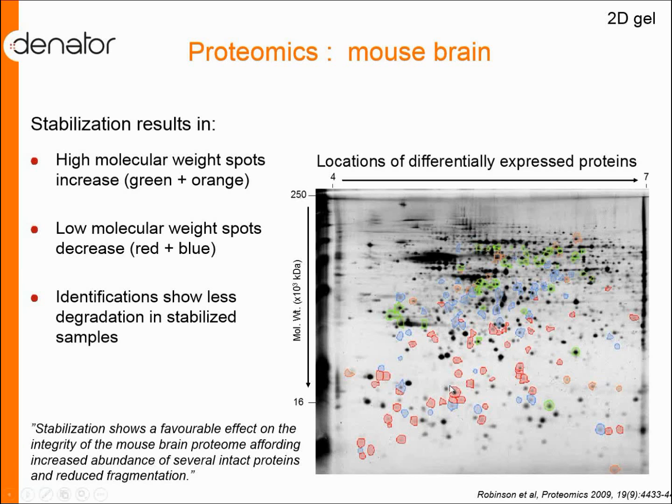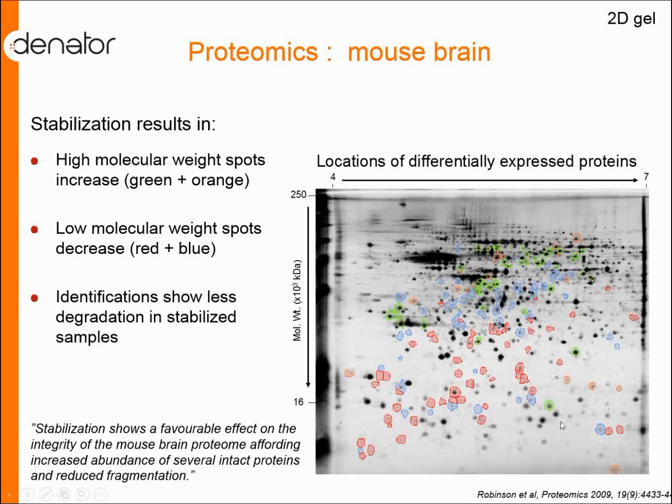What we see here is that the identified proteins have been color-coded so that the red and the blue are in higher intensity in the snap frozen sample, whereas the green and this orange-peach color are higher intensity in the stabilized samples.